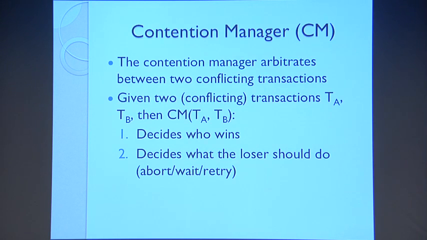For this, we need a contention manager that takes two transactions, transaction A and transaction B, and decides which one should win. This policy can be set to anything that you want. Let's say the one that opened more memory locations should be the winner, or the one that ran for a longer time should be the winner.